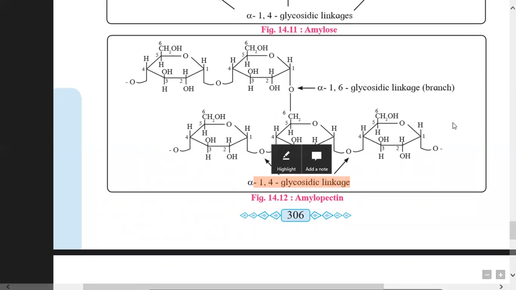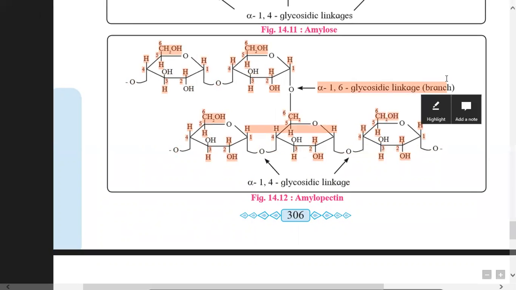So this is one chain, this is the other chain. These two chains are linked together by the OH group of the first carbon and the OH group of the sixth carbon. These chains are linked by alpha 1,6 glycosidic linkage, and this is a branch.